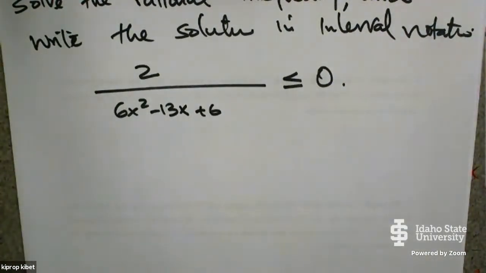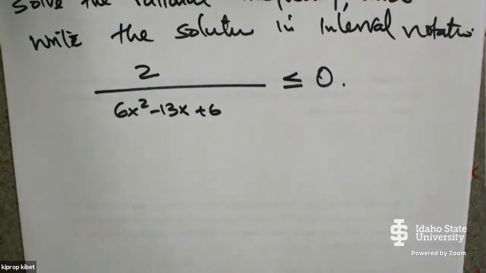Looking at this, the first step is done because we've brought everything to one side. Step number 2, look for the critical points. For the critical points, you look for the points where this is undefined or 0.